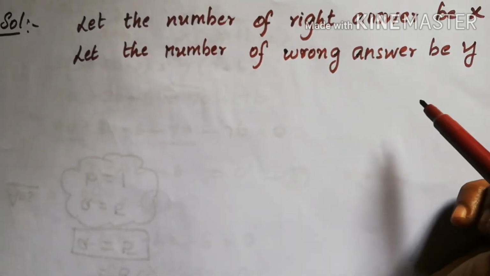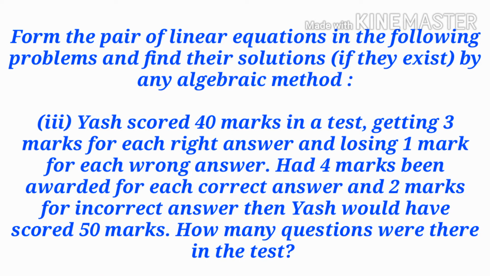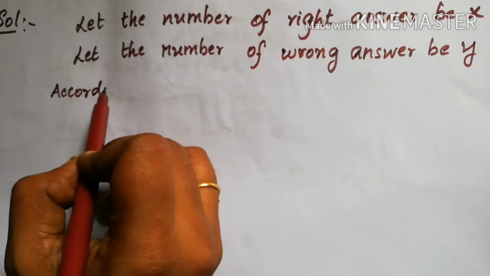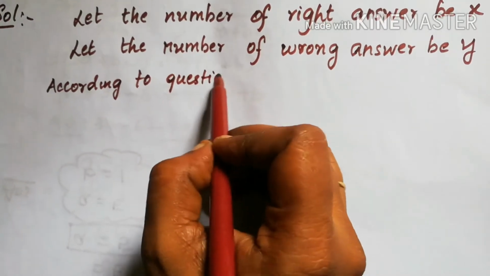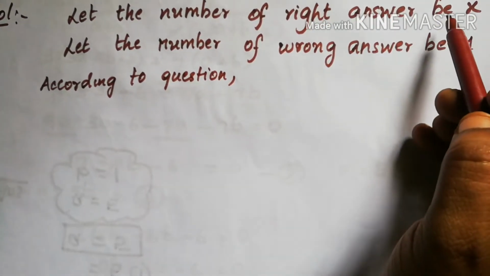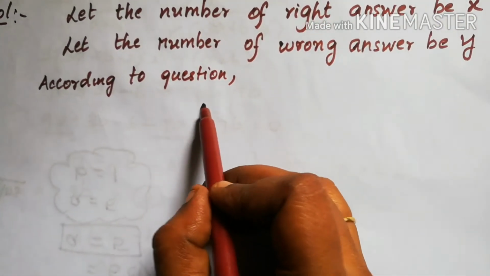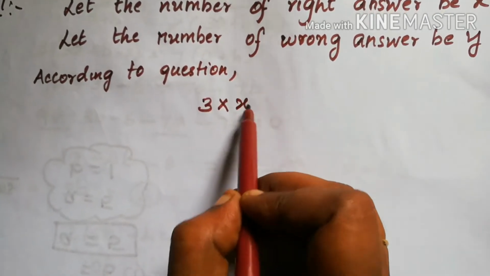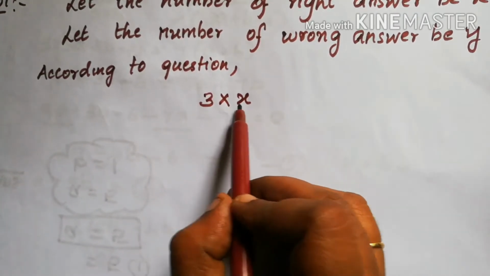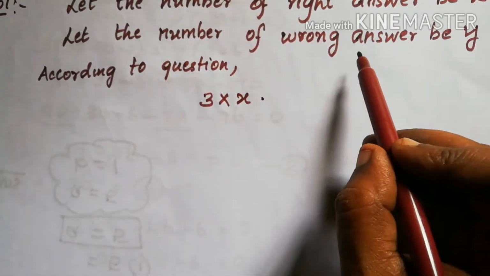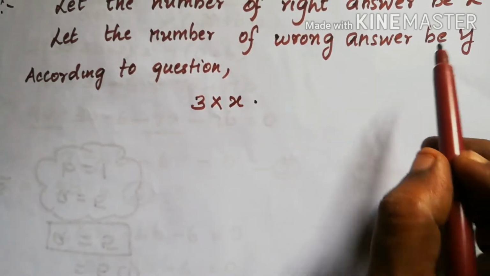So first case, what was said? Yash scored 40 marks in a test. And for one right answer, how many marks were given? 3 marks are given. So according to the given question, how many marks are given for correct answer? 3 marks. How many right answers? Here there are x right answers. So 3 into x. For one right answer, 3 marks. So for x right answers, 3 into x. And he was losing 1 mark for each wrong answer.